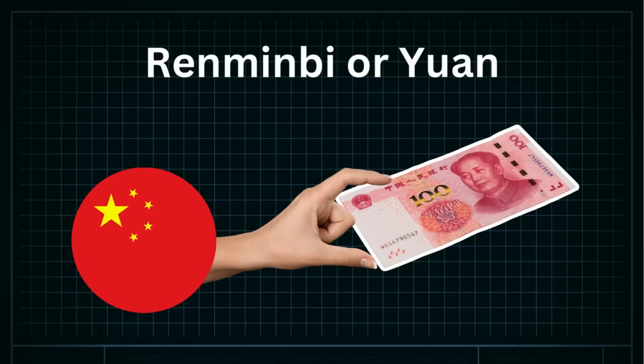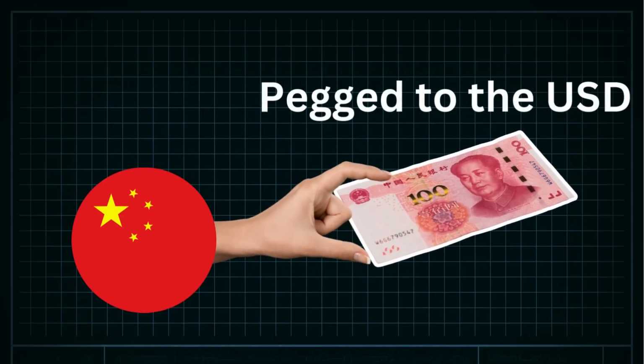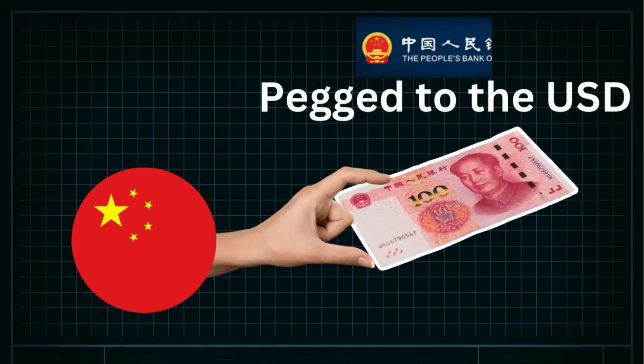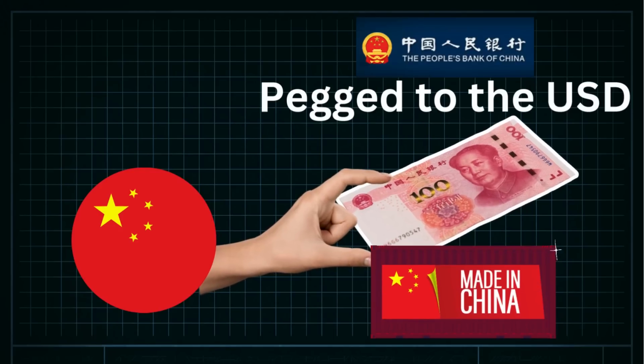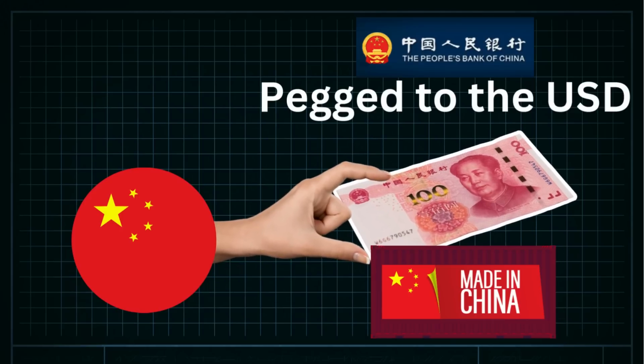Up until around 2005, the yuan was pegged directly to the US dollar, meaning it was kept at a set rate by China's central bank, the People's Bank of China. This tight peg helped Chinese exporters by making the yuan cheaper than it might otherwise be in a free market.